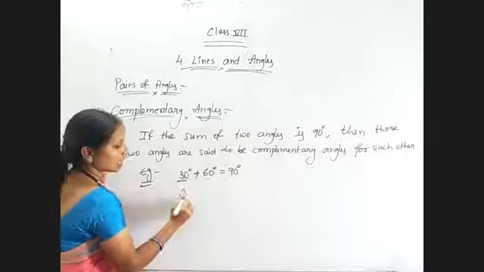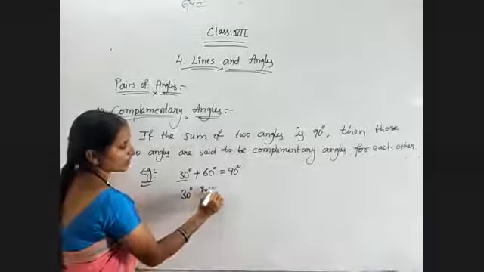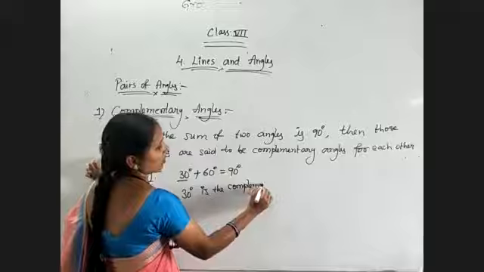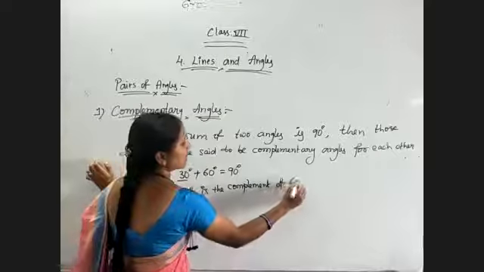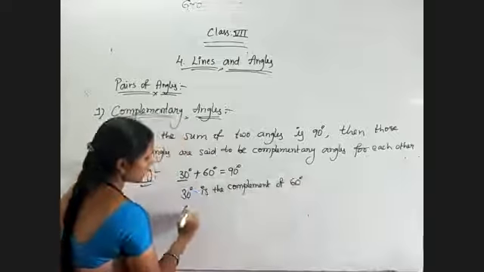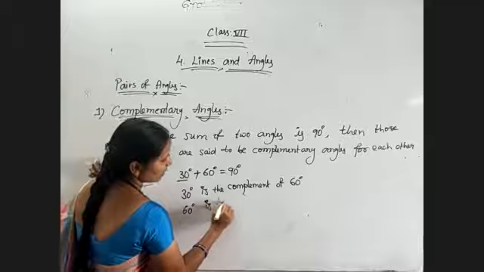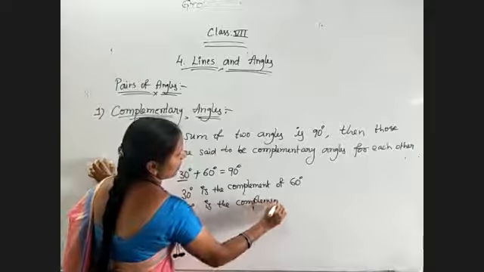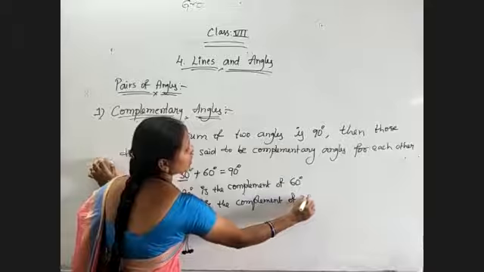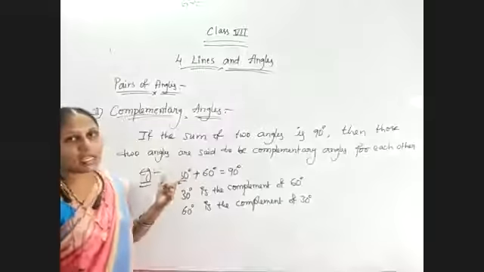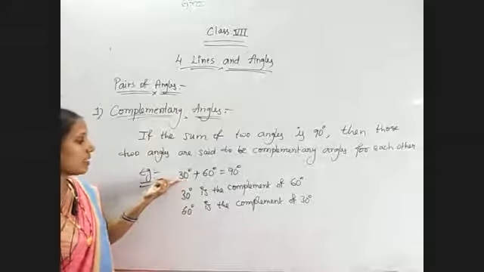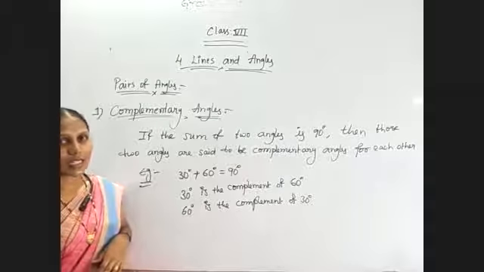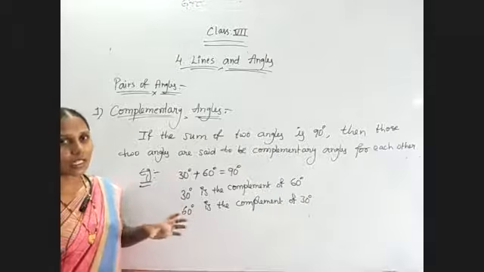So 30 degrees is the complement of 60 degrees, and 60 degrees is the complement of 30 degrees. For suppose I am given one of the angles in two complementary angles, equal to 40 degrees. They are asking, what is the complement of 40 degrees?